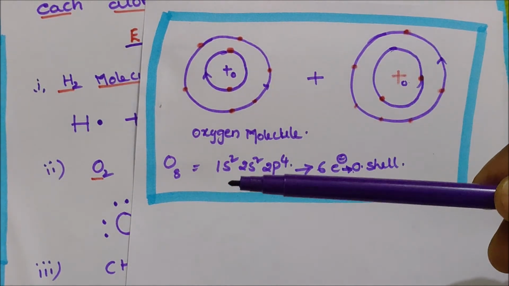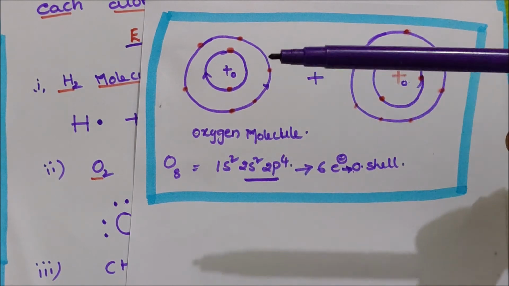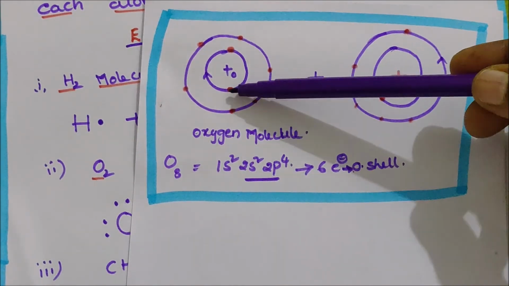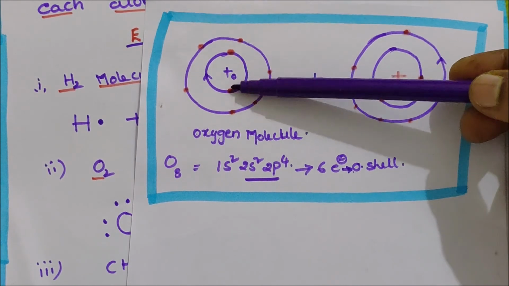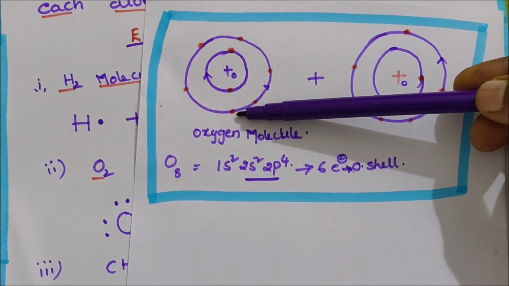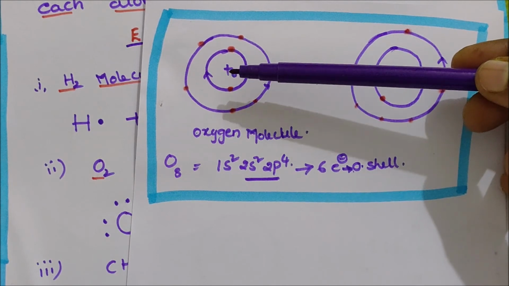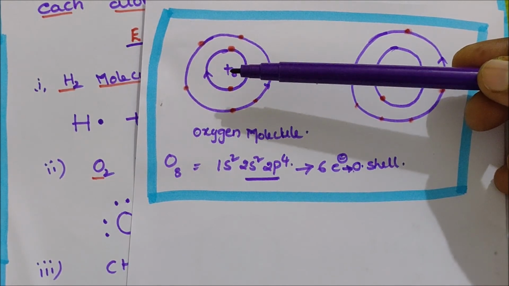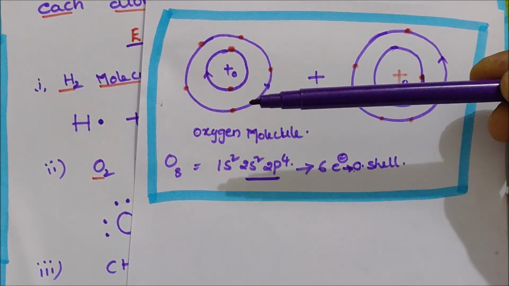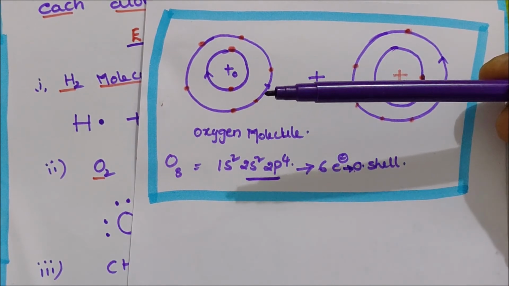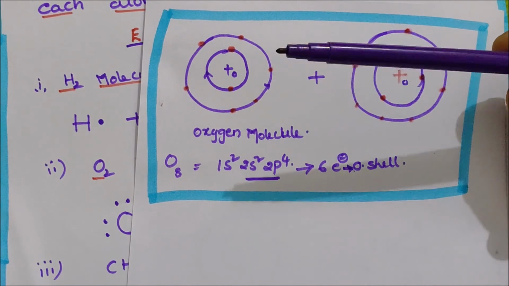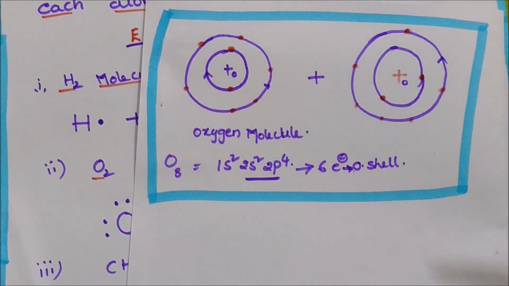In the 1s orbital there are 2 electrons, which I represented like this, and the outermost shell, 2s and 2p orbitals, has 6 electrons in the valency shell: 1, 2, 3, 4, 5, 6.